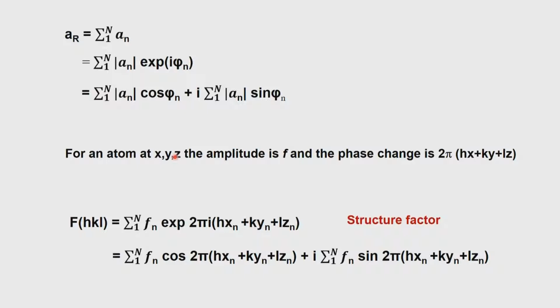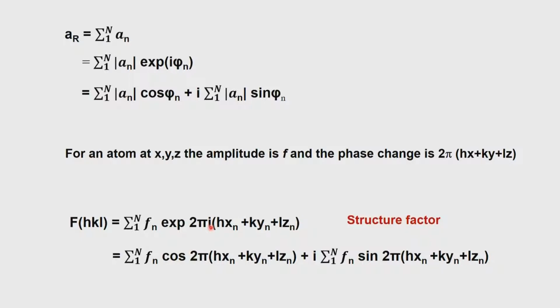So, we can now write the expression for the structure factor. Remember, until now we were discussing the intensities because that is what we measure, and now we are writing the expression for the structure factor. The structure factor is the sum from 1 to n of f n times exponential 2 pi i (hx plus ky plus lz). So, the phase factor can also include the imaginary component.